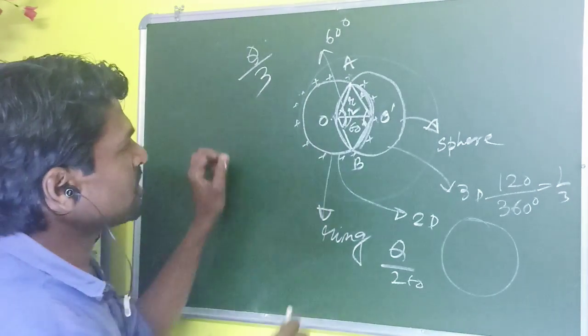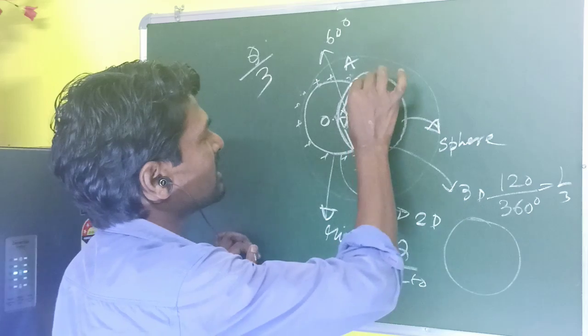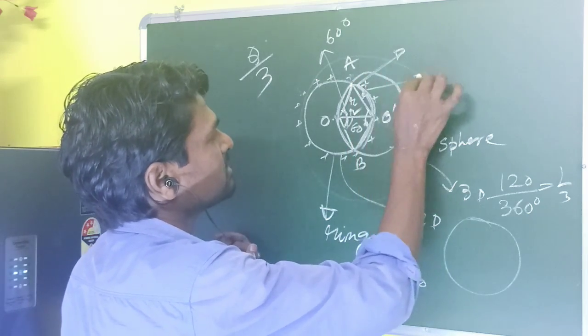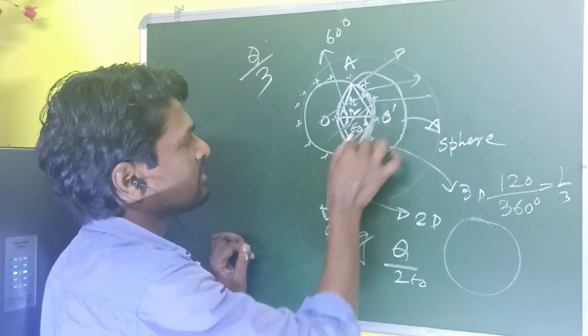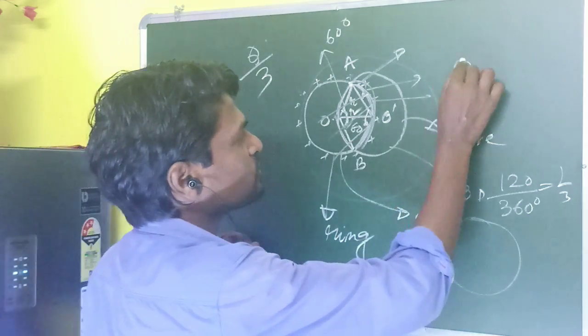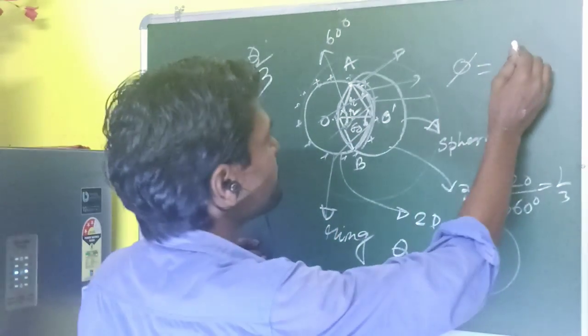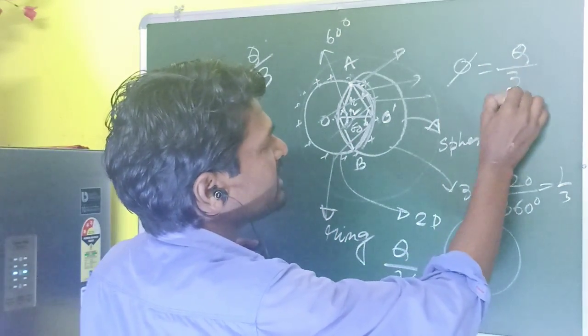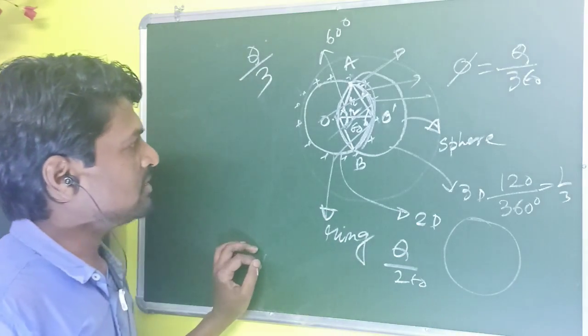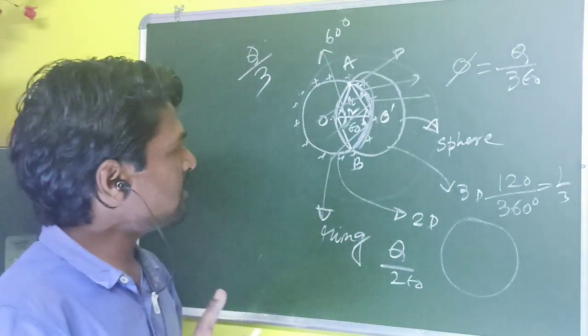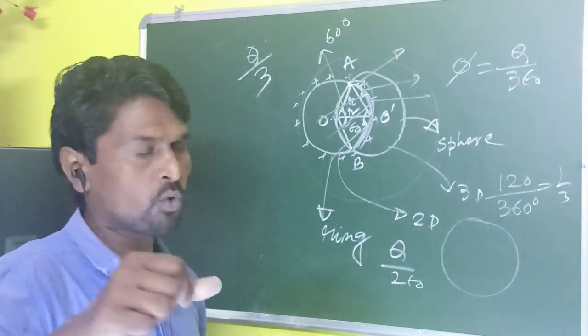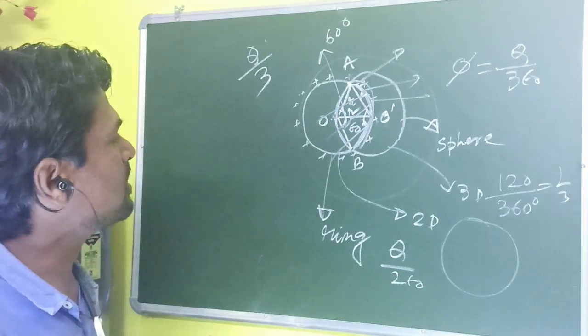So the contribution of flux, this charge can generate a flux along that particular direction. So the flux will be phi equal to q by 3 epsilon naught. The question, I repeat again, please note down this question.